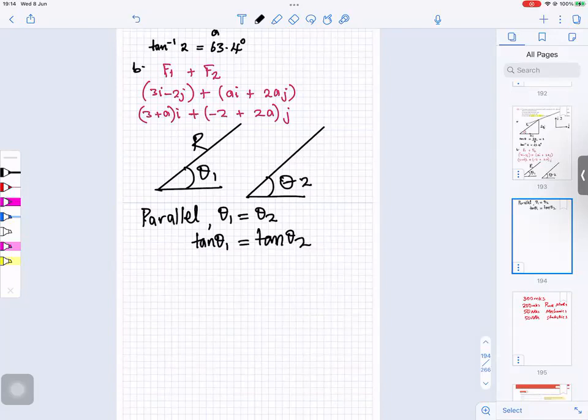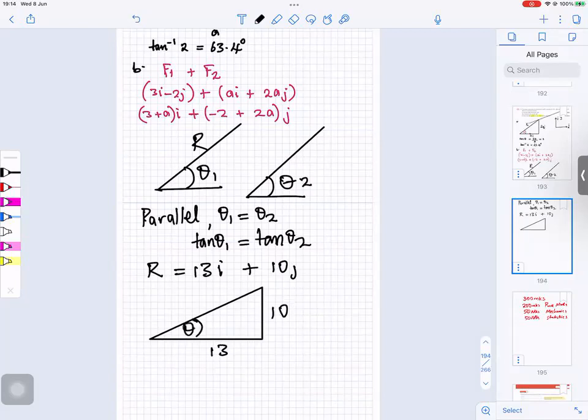So how do you find that vector for R, 13i plus 10j? If you carry on to draw that triangle, this would be 13, this would be 10.